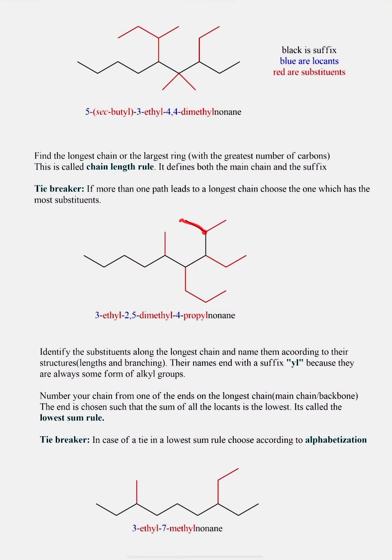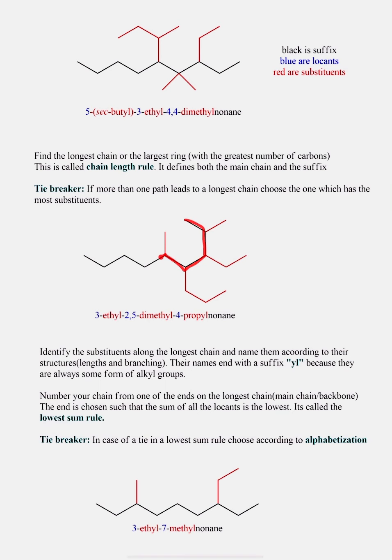Or you can choose this path, which also has 9 carbons. And there is a third possibility here, which too gives you 9 carbons. There are actually 4 paths.